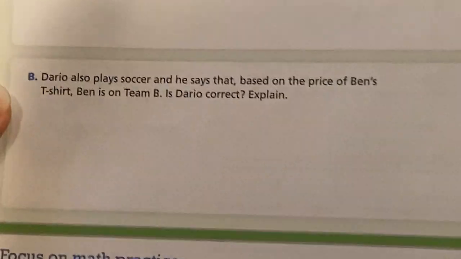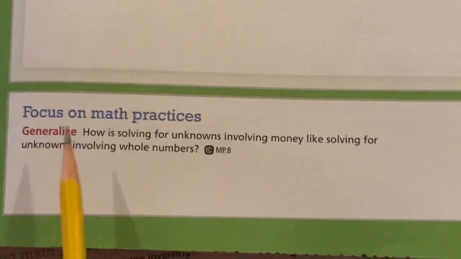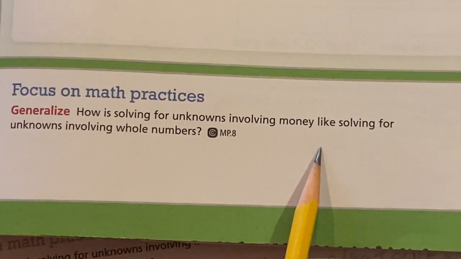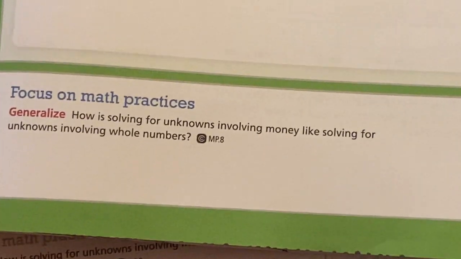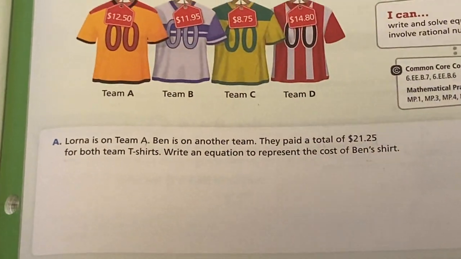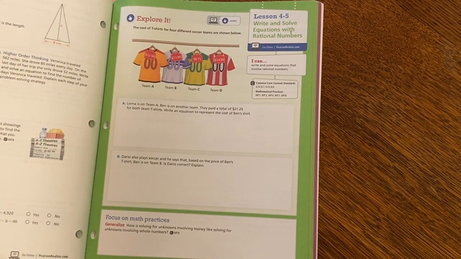Explain. Okay. And then the last one, go ahead and do that one too. How is solving for unknowns involving money like solving for unknowns involving whole numbers? Okay, so set up equations here, see if Dario's right, figure out how much Ben's shirt costs, and answer this one. Pause the video, come back and we'll talk about it.